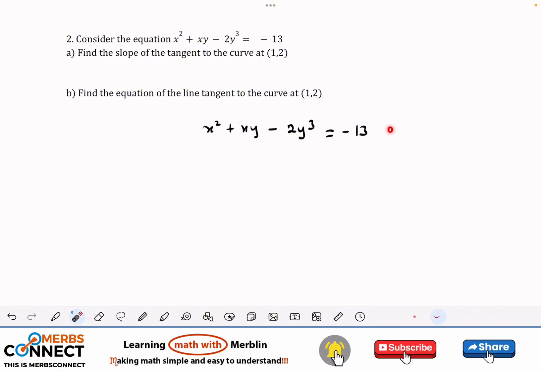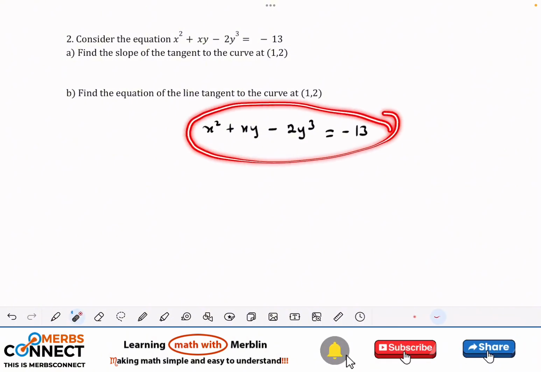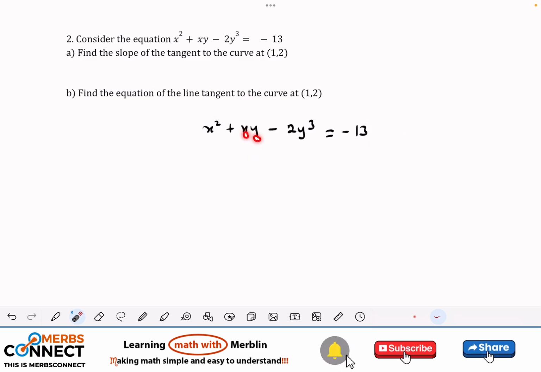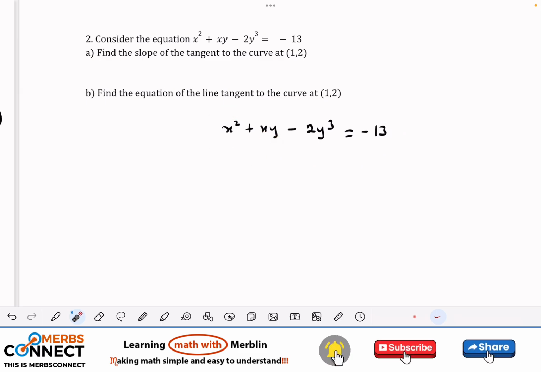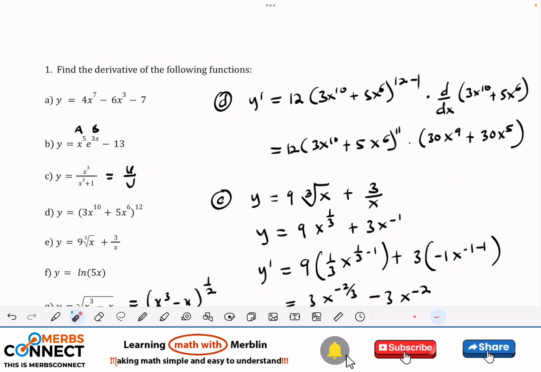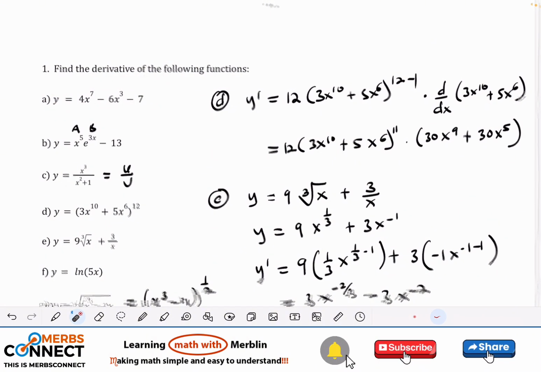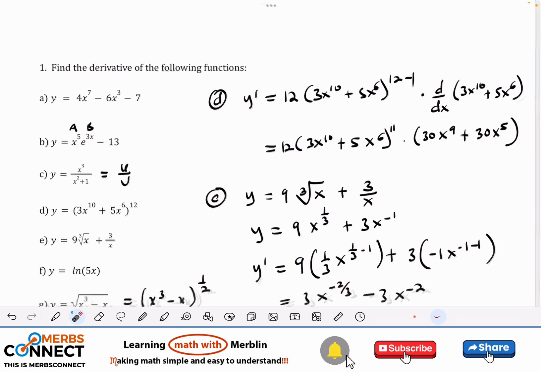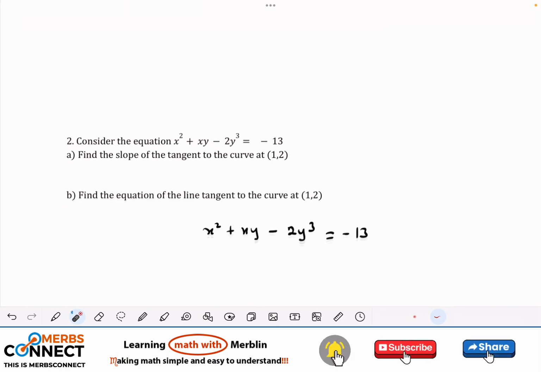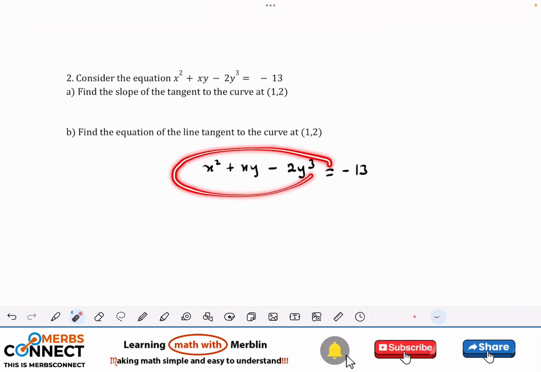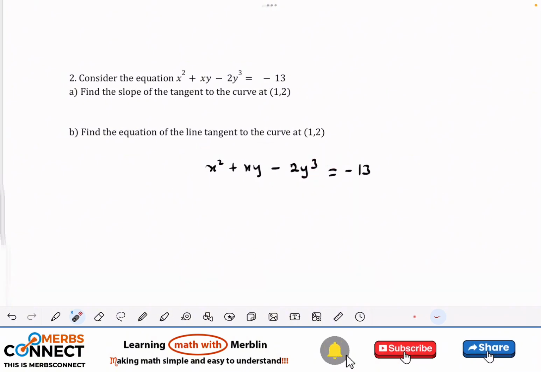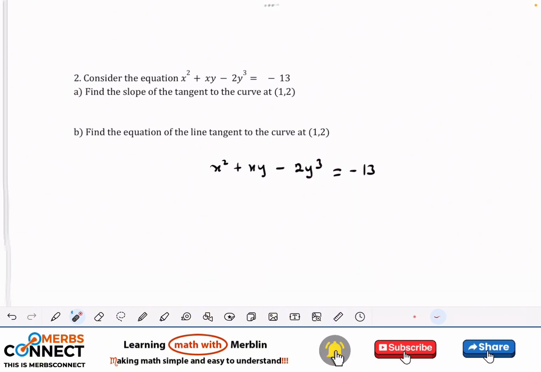So as I said, anytime you have a function where you have x and y and you cannot make y the subject, like for example, this one, you see that we have only y here and we have the x on the right side, right? So this is like explicit. x is standing alone, y is also standing alone. But this one, y is not standing alone. y and x are kind of attached together, right?